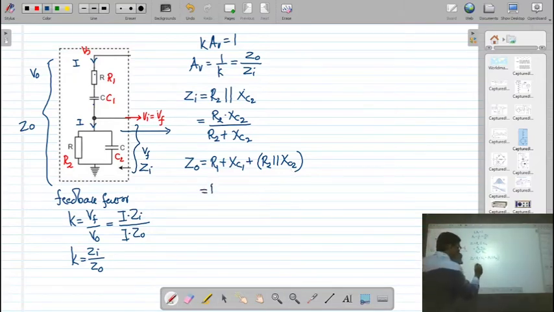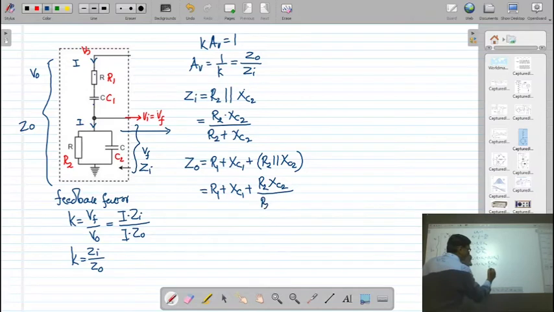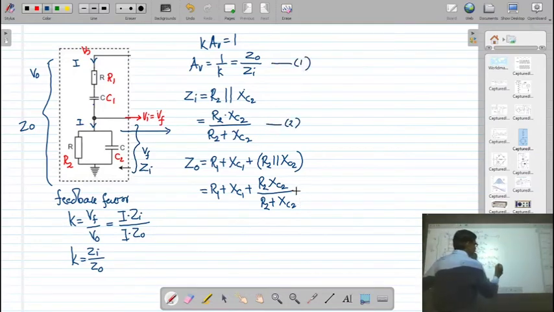Ultimately, this expression comes out to be R1 plus Xc1 plus R2 Xc2 divided by R2 plus Xc2. Right? So this is my expression 1, this is expression 2, and this one is expression 3.